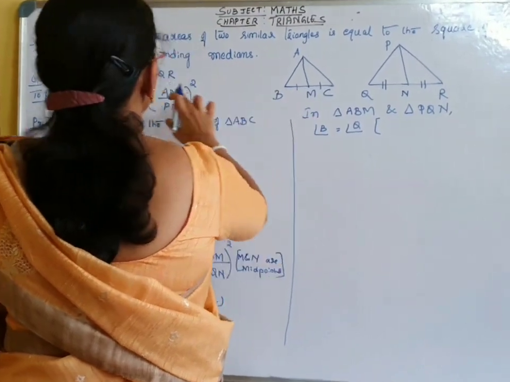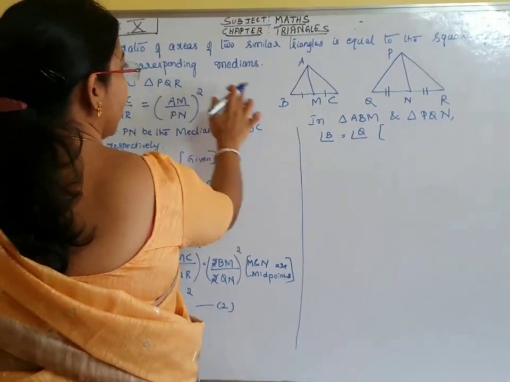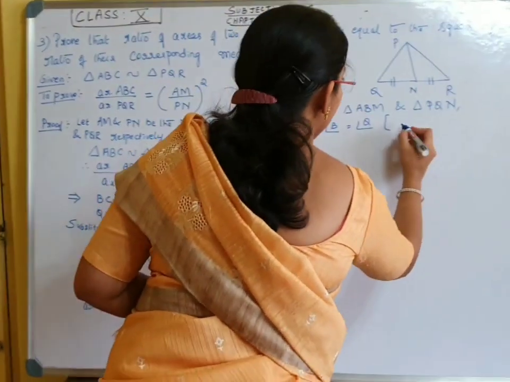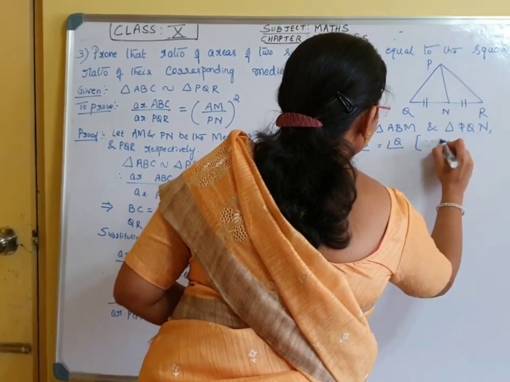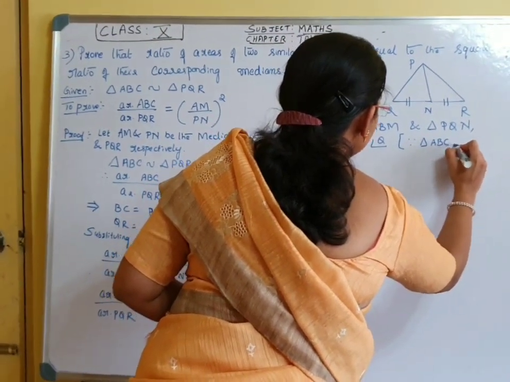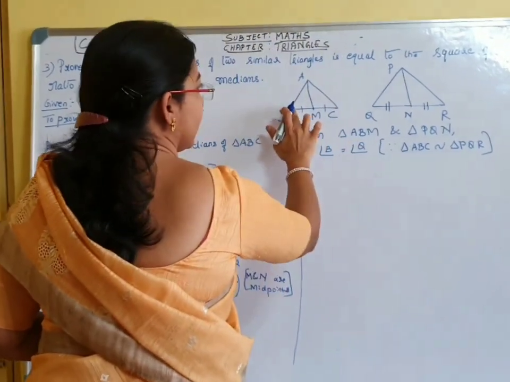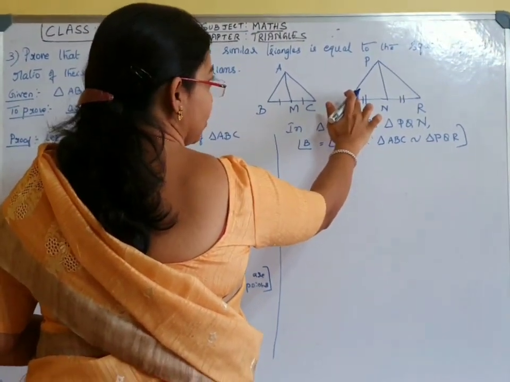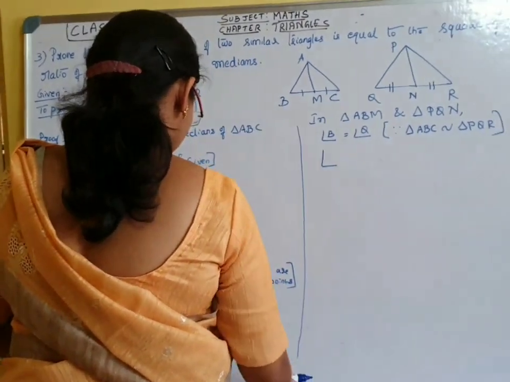Because we know that triangle ABC is similar to triangle PQR. Therefore, angle B will be equal to angle Q. The corresponding angles will be equal.